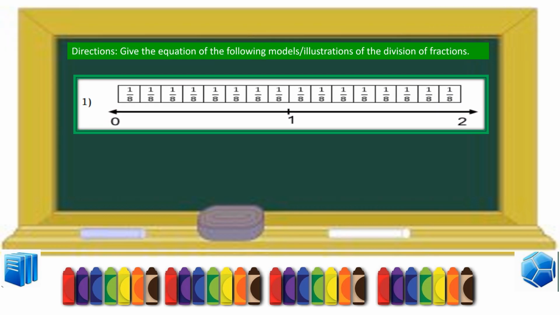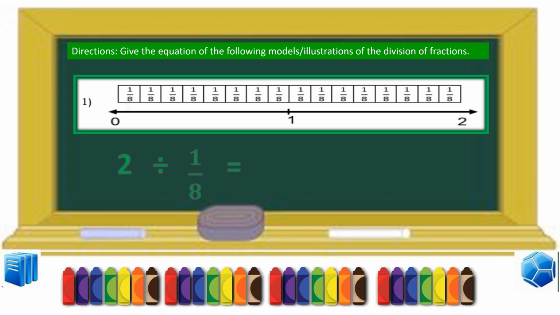Number 1, so meron tayong number line. Ang number line natin ay hanggang 2. So, in this illustration, this is 2, then divide by 1/8. So, para makuha natin yung sagot, bibilangin natin ilang 1/8 ang meron sa 2.